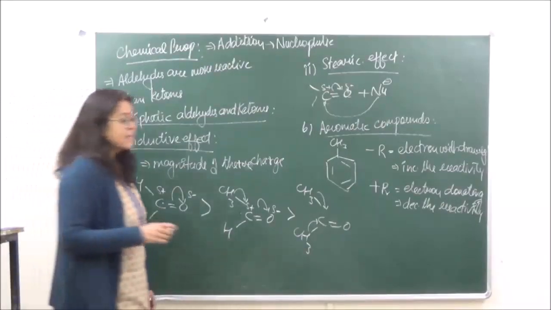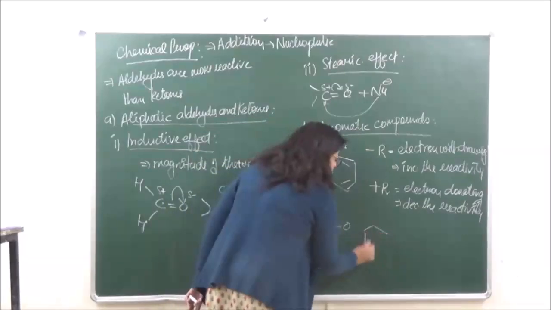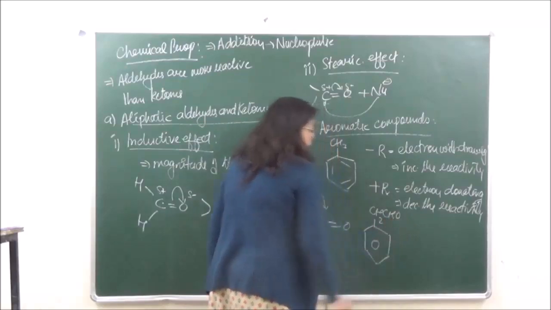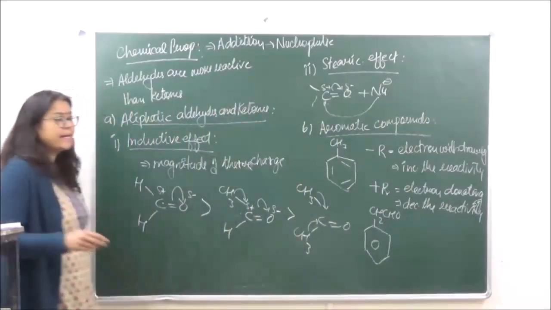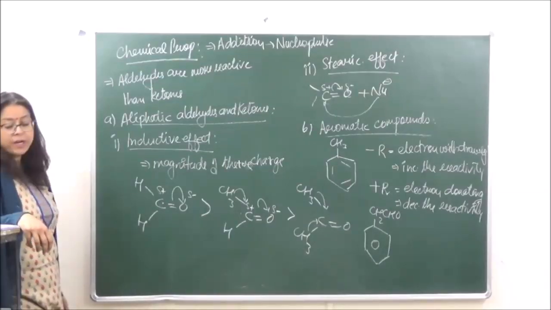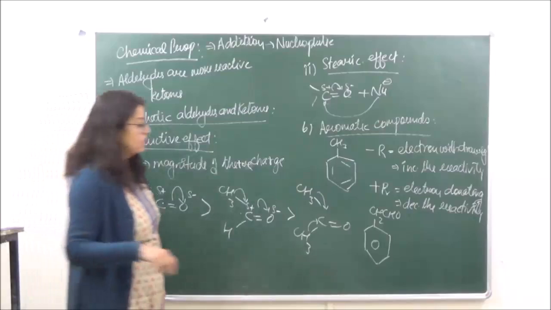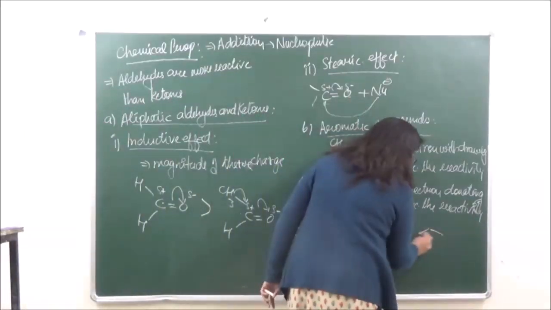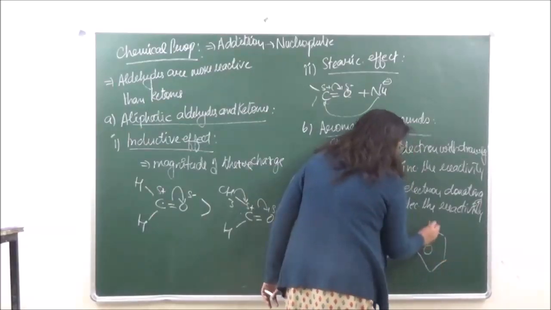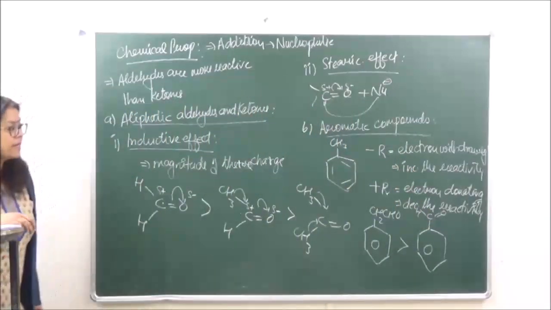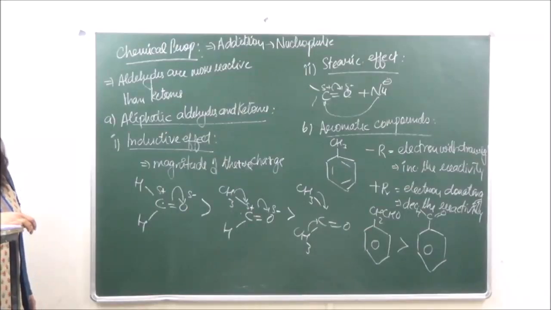So in that case, if we have a CH2CHO aldehydic group, it is going to have the maximum reactivity because of the CH2 group present. But if the aldehydic group is directly attached to the benzene ring, the reactivity is going to decrease.